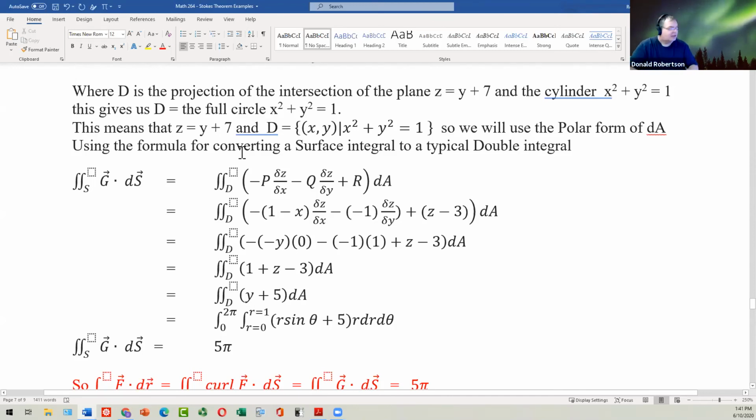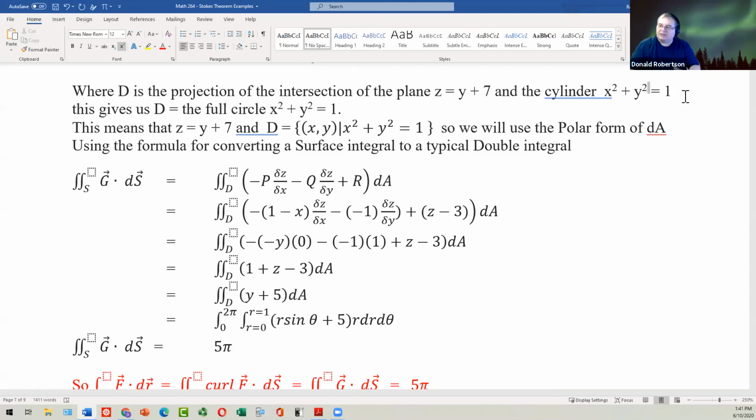The D is going to be what you get when you intersect this plane in 3D with this cylinder. Now this cylinder is easy. Can you imagine x squared plus y squared equals 1 being a cylinder going vertically upwards, radius 1? Can you imagine z equals y plus 7 being like a plane cutting it at an angle?